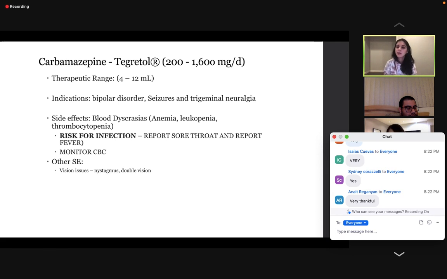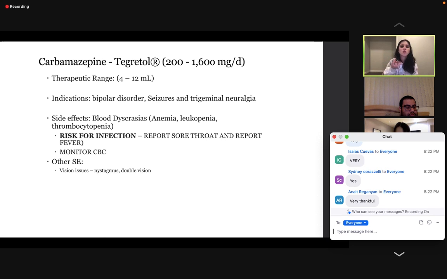Okay, but again, we're talking about bipolar disorder. So given for mania. So side effects: blood dyscrasias, which basically means infection, anemia, leukopenia, thrombocytopenia. So a huge risk for infection, sore throat, and report of fever.